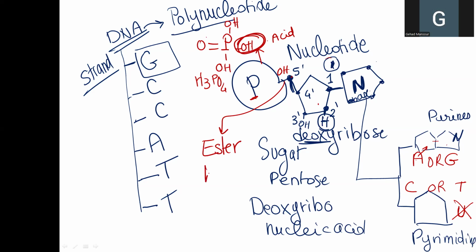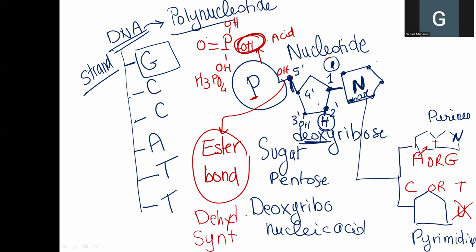Because what is an ester bond? It is a covalent bond between an alcohol and an acid that is created via dehydration synthesis. You are making a bigger molecule through removal of one molecule of water.